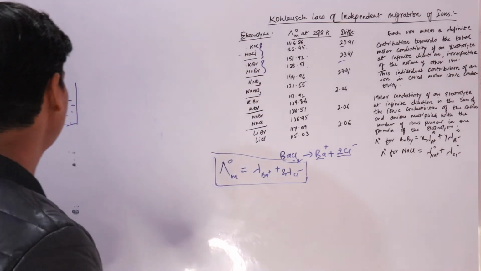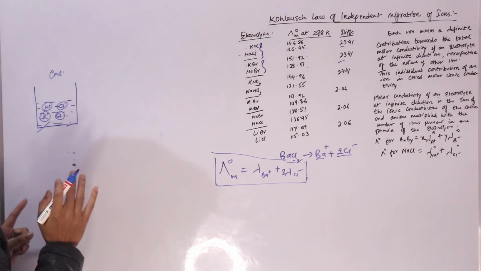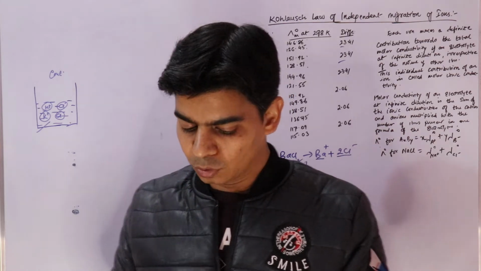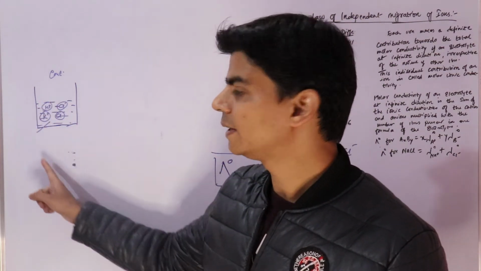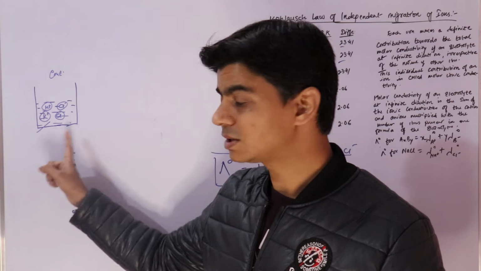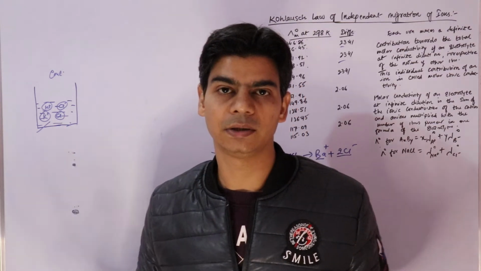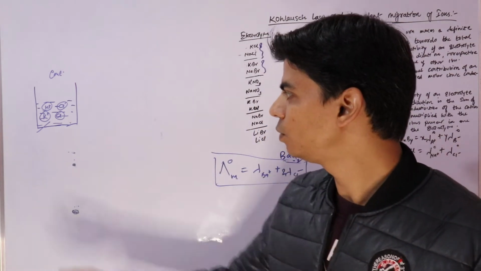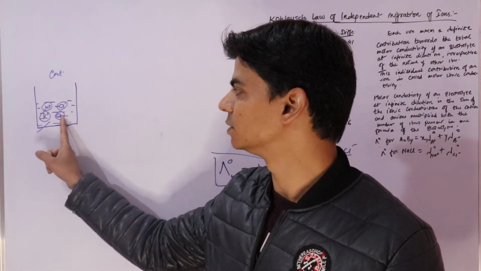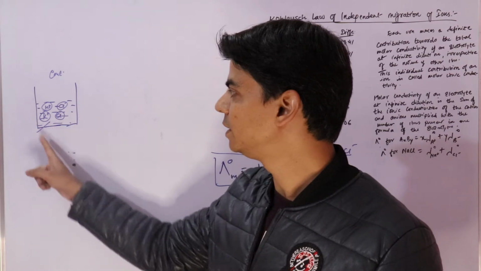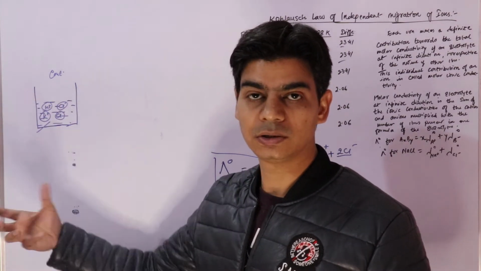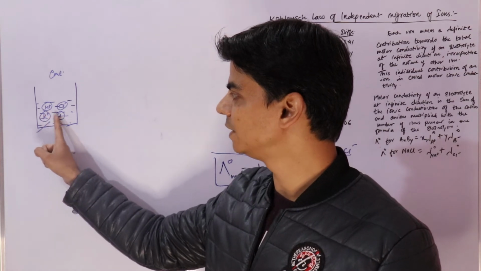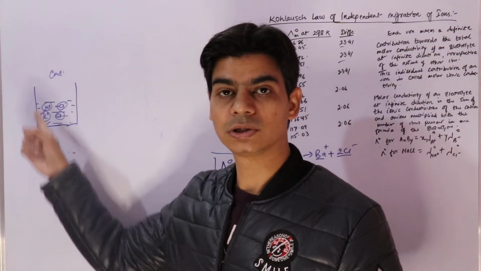Although the strong electrolyte potassium chloride is completely dissociated even at low concentrations, what about the interaction of ions in a concentrated solution?